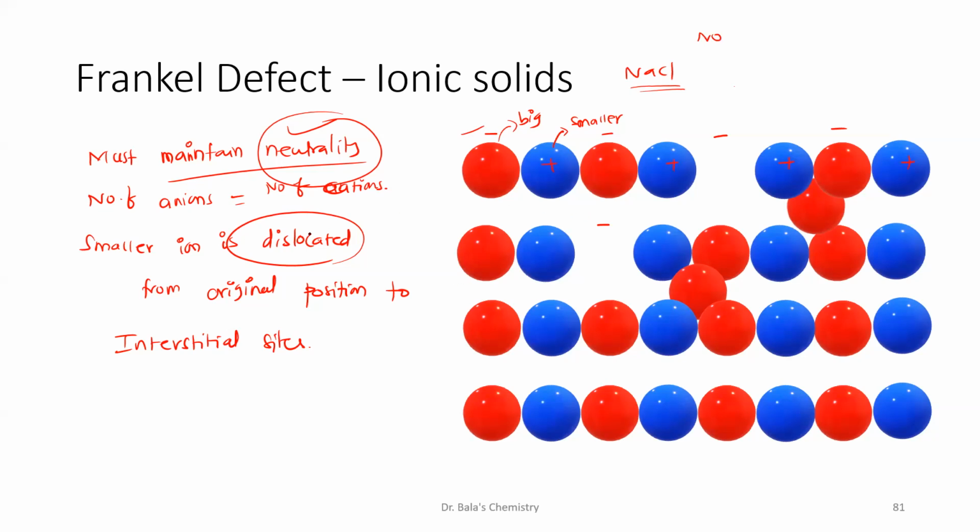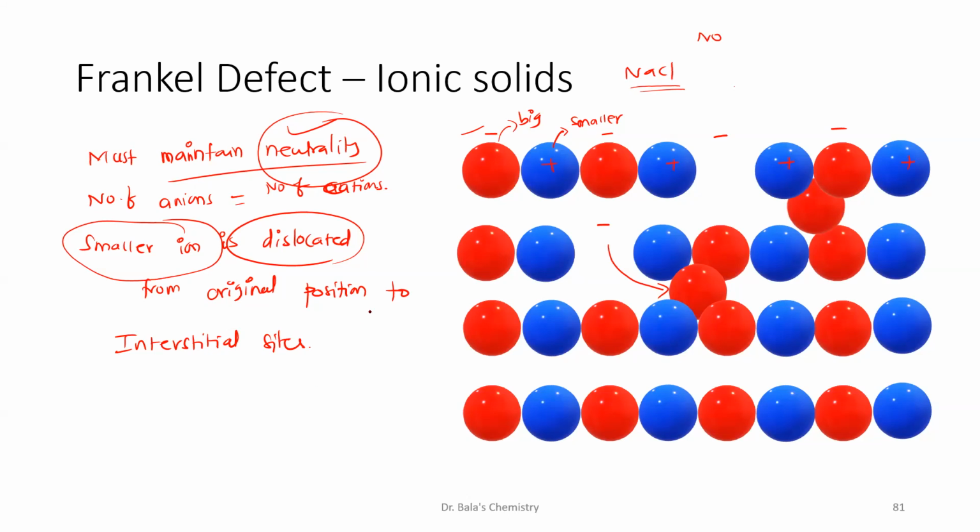Here only shifting of smaller ions takes place. That is the difference between Frenkel and Schottky defect. In Frenkel defect, only smaller ions are dislocated, so they get occupied in the interstitial position. Now also the number of positive and negative charges are equal because the ion is located in the interstitial site instead of its lattice point.